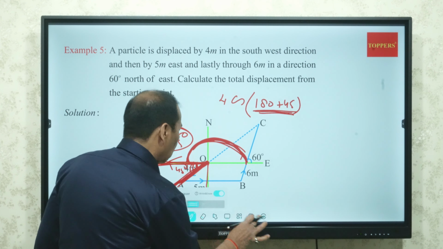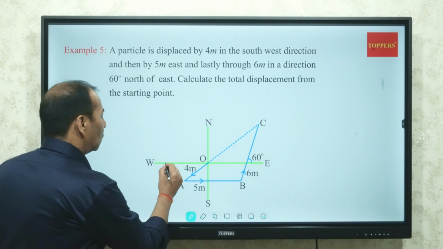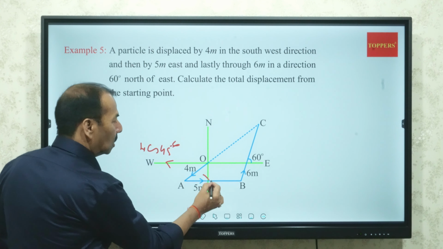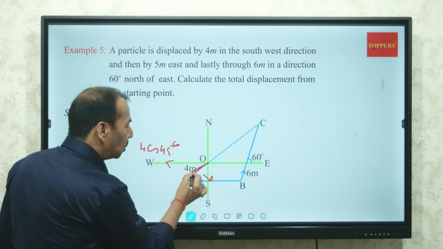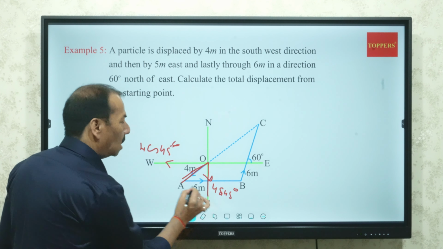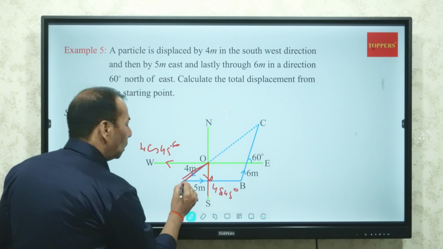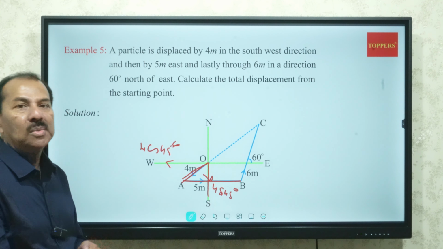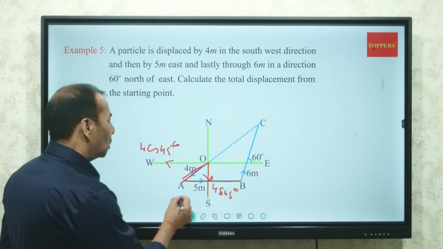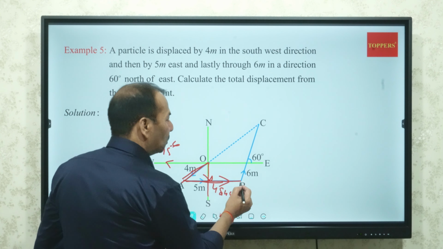So here if you see, this will be 4 cos 45 this side. Another component here, the y component, will be 4 sin 45 this side. Next it is 5 meter towards east. East means towards the positive x-axis, so it is already positive. Then 5 meter along this is 6 meter.